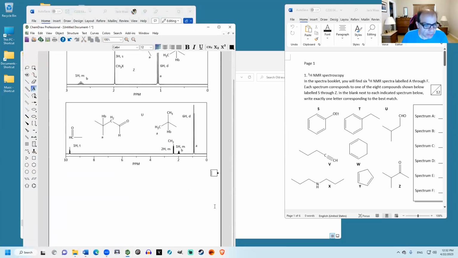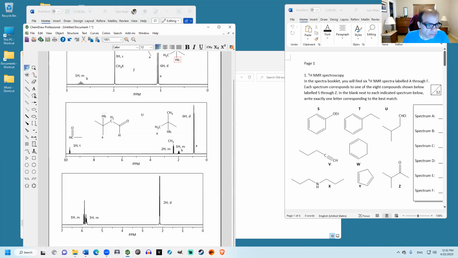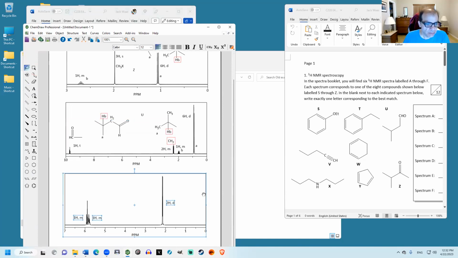Last but not least, we've got compound F, or rather spectrum F. And in spectrum F, I see a 2H doublet. That tells me I'm looking at a CH2. And then right down here, not quite in the aromatic range, these protons are vinylic protons.